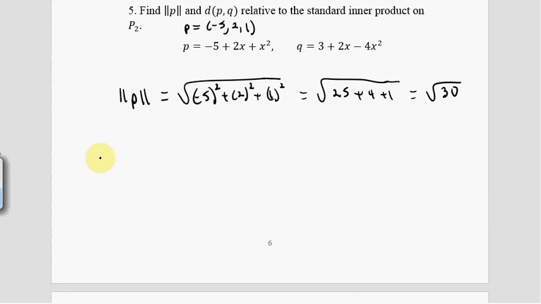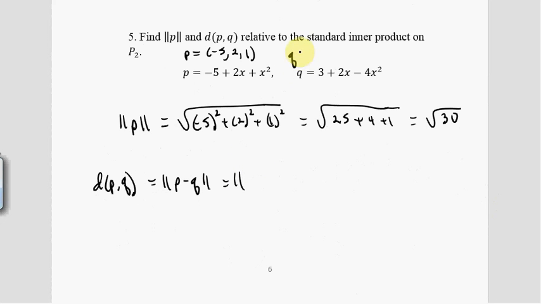The distance between P and Q, this is the same thing as the norm of P minus Q. So the norm of P minus Q, again, Q has components 3, 2, -4. So we do the subtraction between P and Q. That gives us -5 minus 3 is -8. 2 minus 2 is 0. 1 minus a -4 is 1 plus 4 is 5.